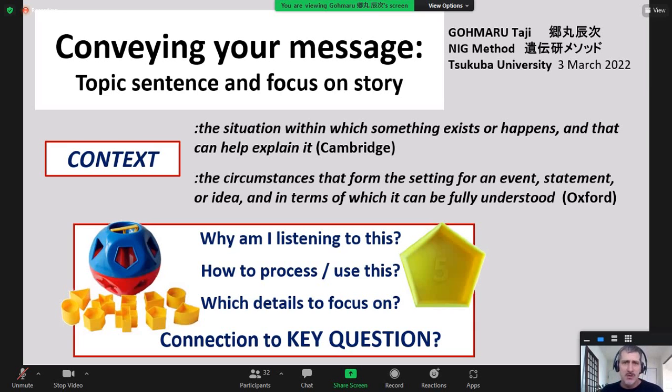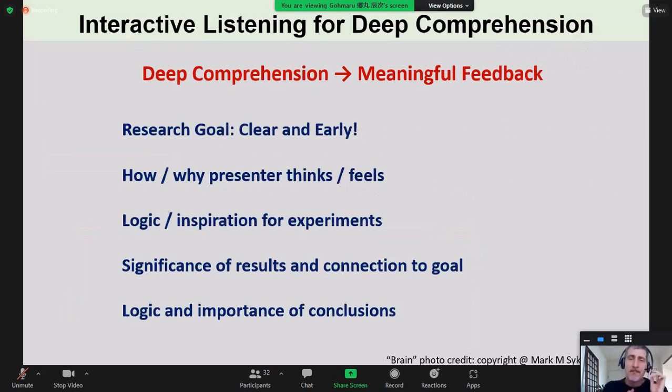So yesterday we talked about how the principal goal of a scientific presentation is to get meaningful feedback from our audience. And in order to get meaningful feedback, we need the audience to deeply comprehend many key concepts and parts of the scientific presentation.